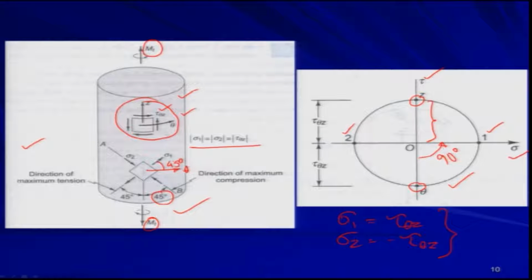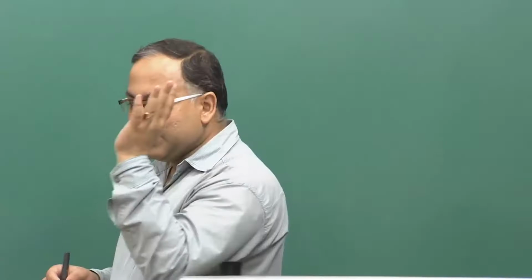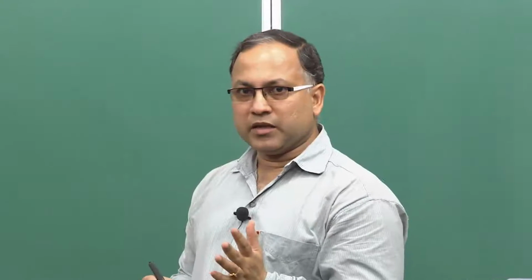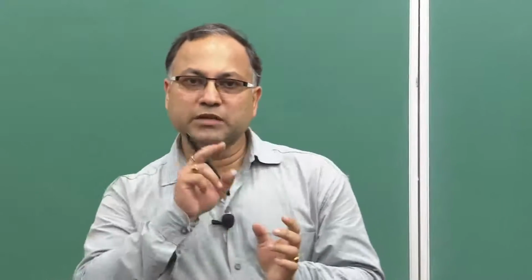Here sigma 1 is acting, which is tensile in nature, and sigma 2 is acting on this plane, which is compressive in nature. If you look at this configuration, the plane lying along the line AB is the plane on which sigma 1 acts.